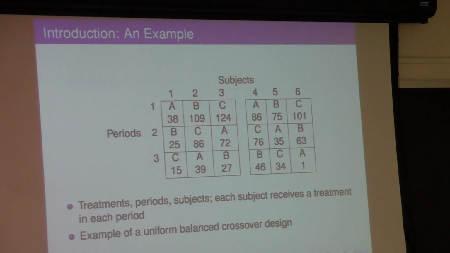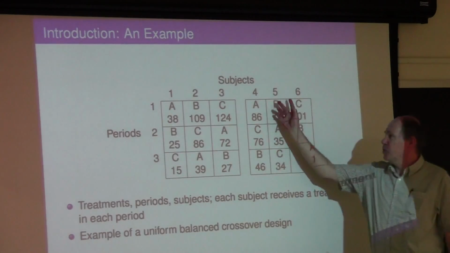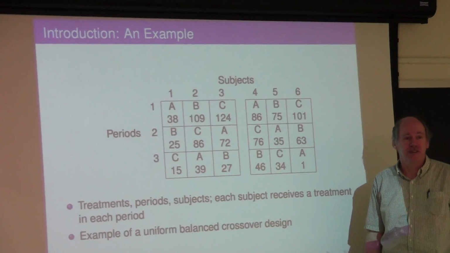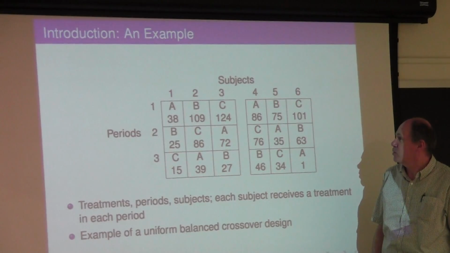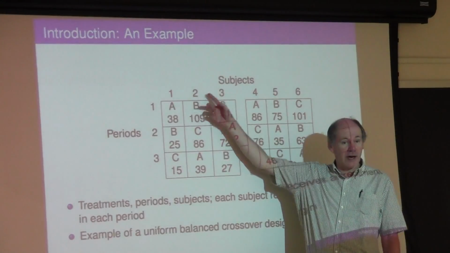So, first of all, what is a crossover design? Not everybody may know what a crossover design is. Here's an example. What's typical in a crossover design is you have a certain number of subjects. That could be people in a clinical trial, or animals in a dairy experiment, for example. In fact, this data was from an animal science experiment where the subjects were cows.